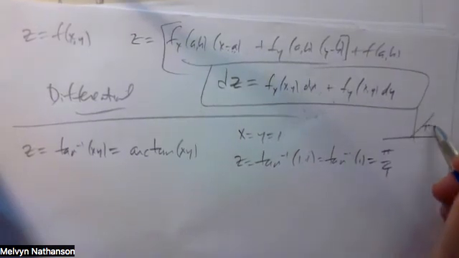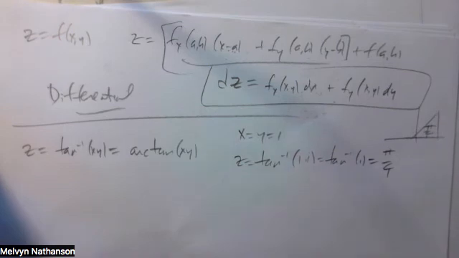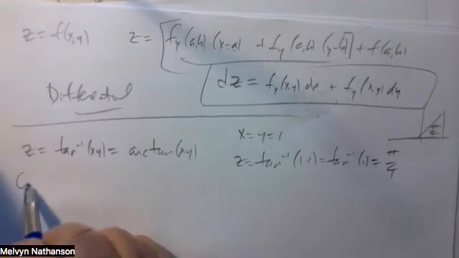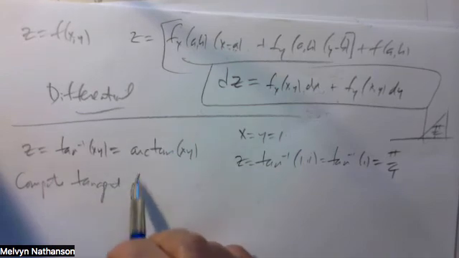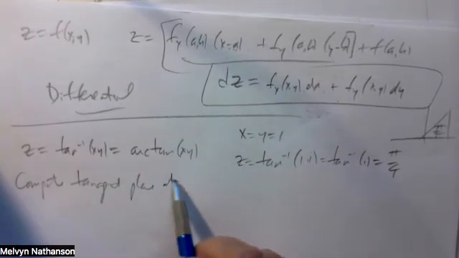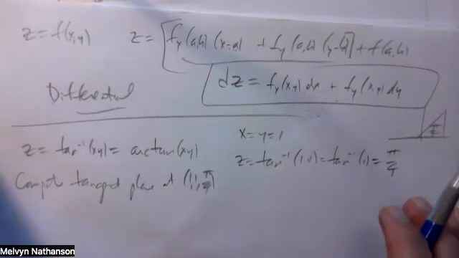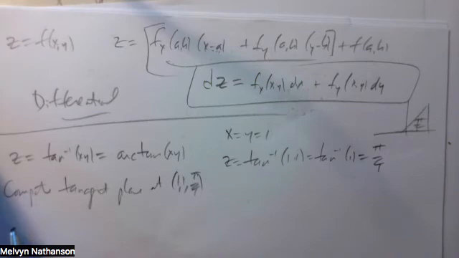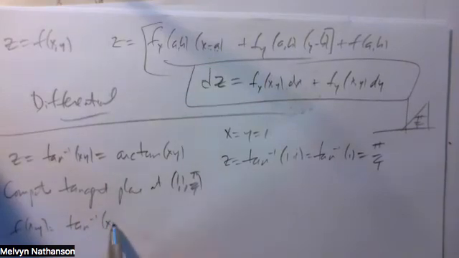As you know, if you have an angle of pi over 4, the tangent is 1. So for this function, let's compute the tangent plane at the point 1, 1, pi over 4. My function z, or f of x, y, is the inverse tangent of xy.